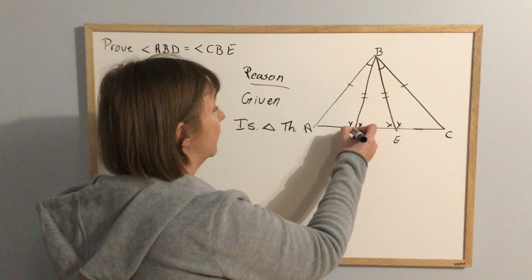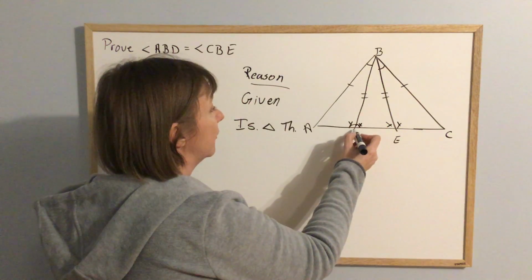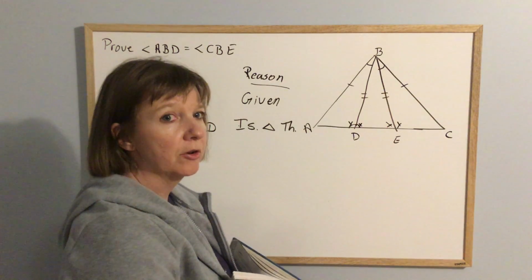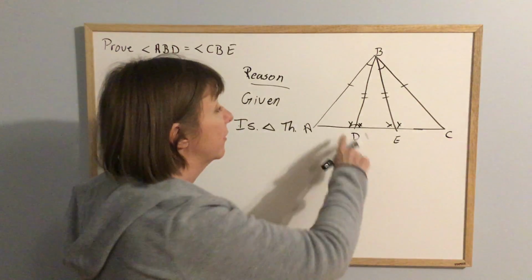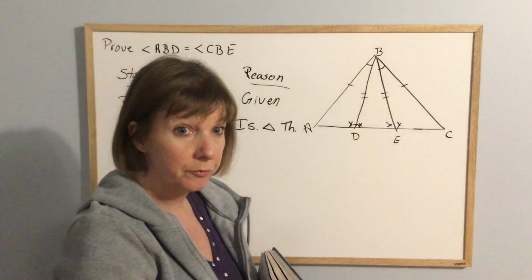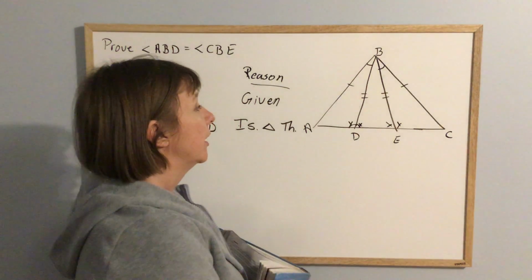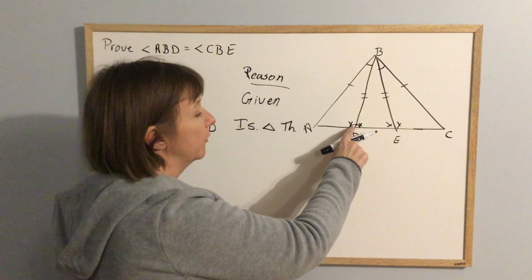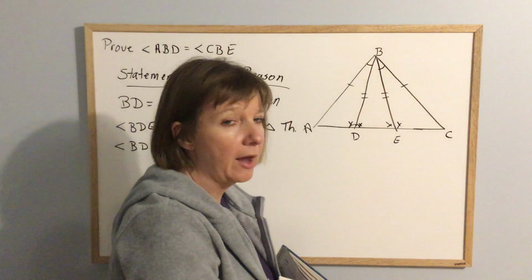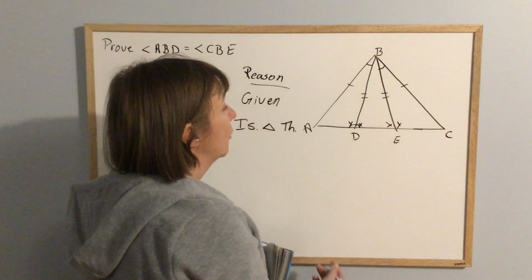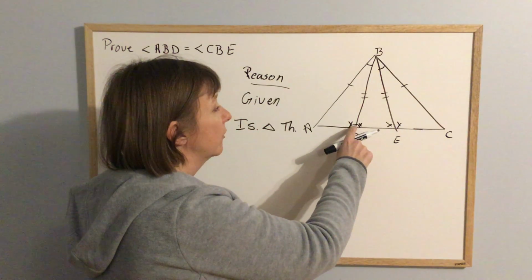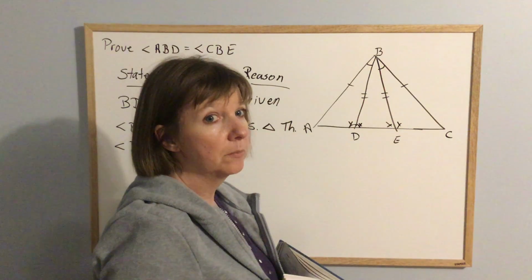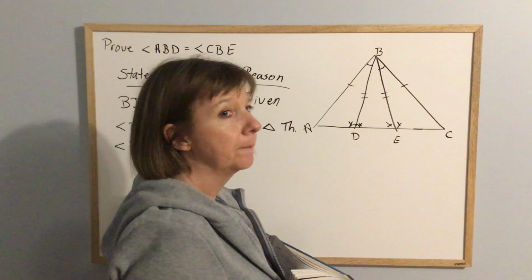This angle and this angle would have to add up to 180 degrees because that's a straight line. So if this was 40, this one would have to be 140 in order to add up to 180. So these 2 angles are supplemental because they add up to 180.